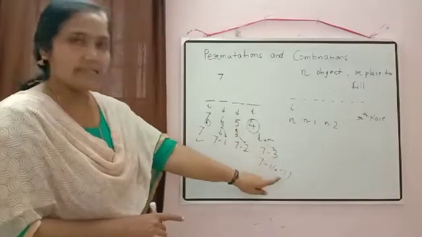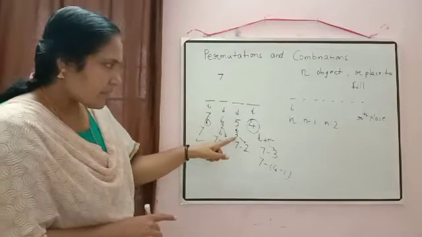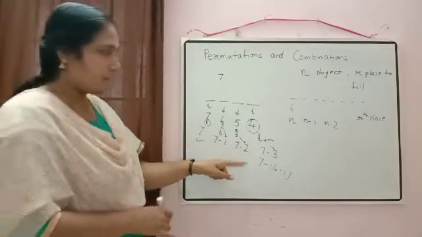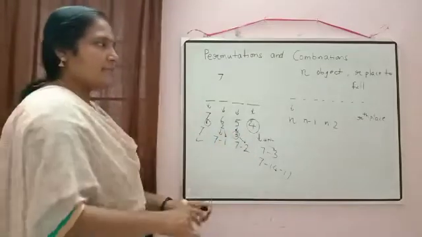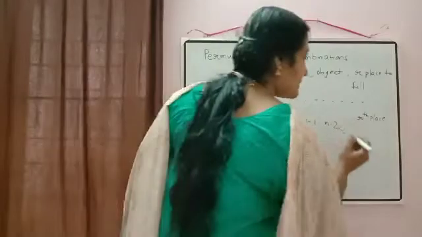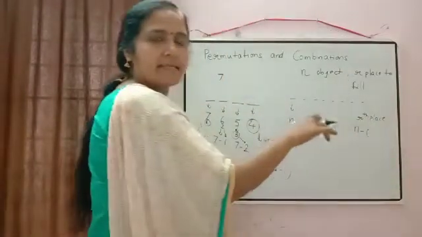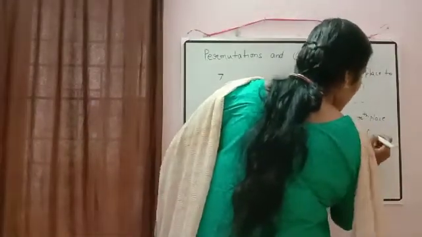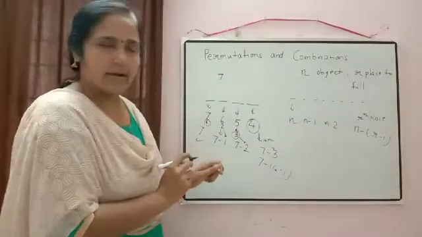The third place can be filled in 7 minus 2 ways. So in the same way, the rth place can be filled in n minus (r minus 1) ways. So clear?